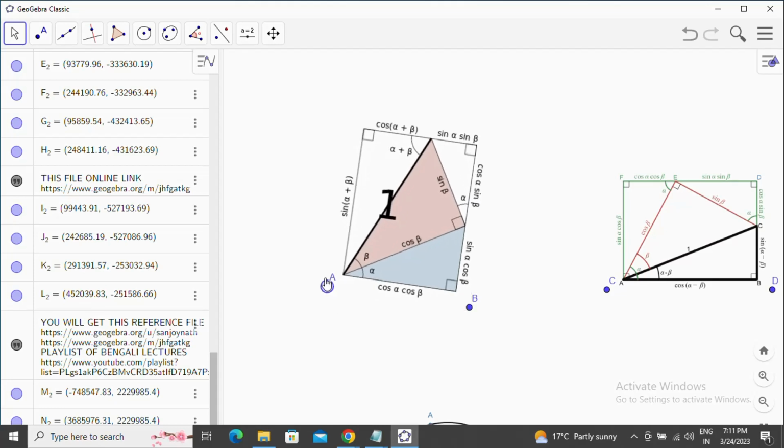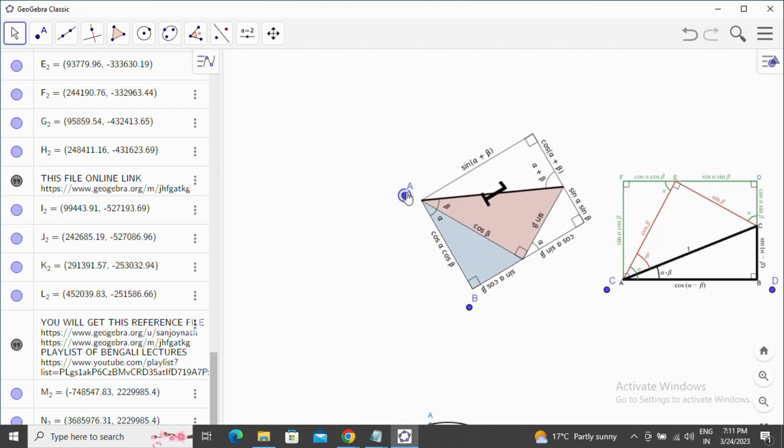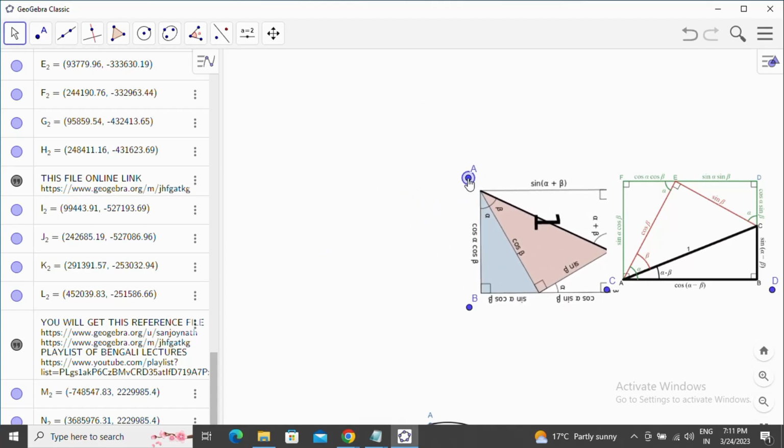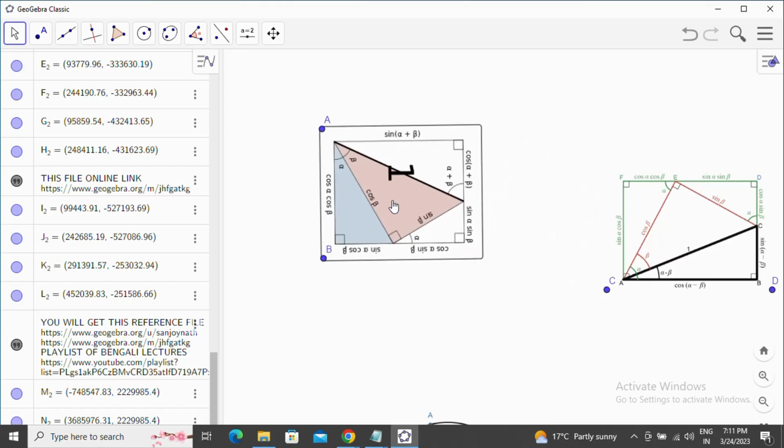If we consider it as a rotated object in this way, then we will see the concept easily. So we are using GeoGebra here to understand it better, because this one is 1, or in geometrifying trigonometry we call it L. If this one is L, then this one is L sin beta, and this one becomes L sin beta cos alpha.